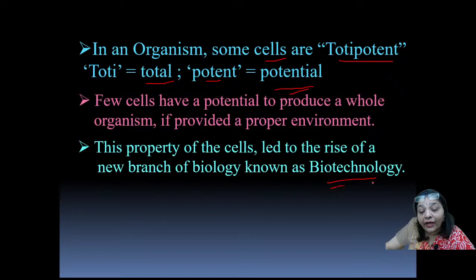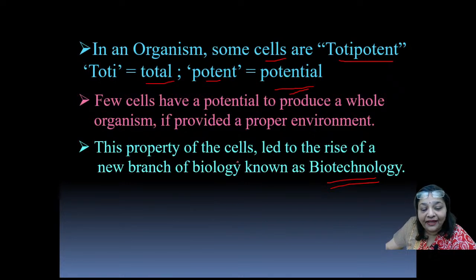Here we require the study of cells, the study of tissues, the knowledge of the structure, the functions, as well as the location of those tissues, whether in plants or in animals.